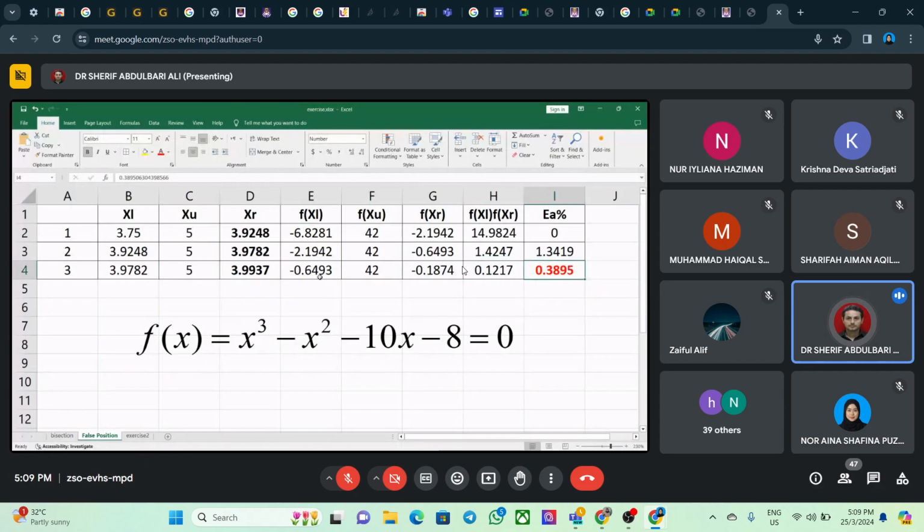And the error is less and it's a more accurate answer. So xr is 3.99. It's almost 4. With the error less than 0.5, it's 0.3. I hope most of you are getting the same answer.